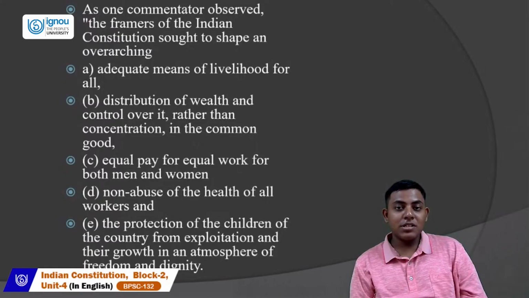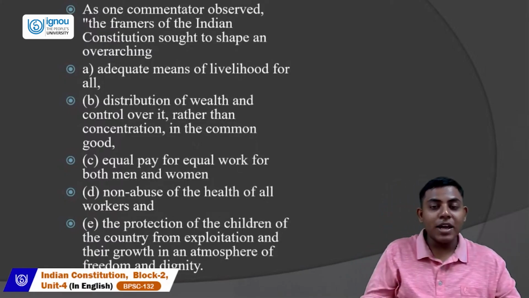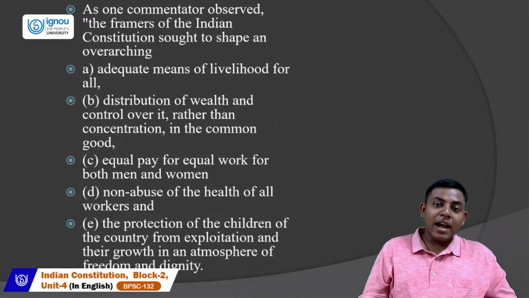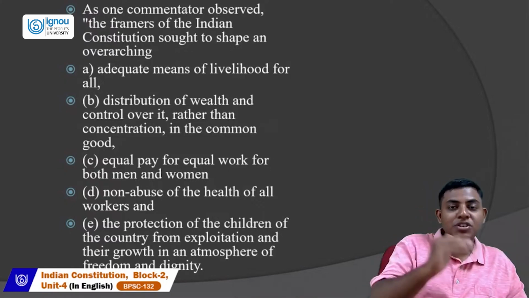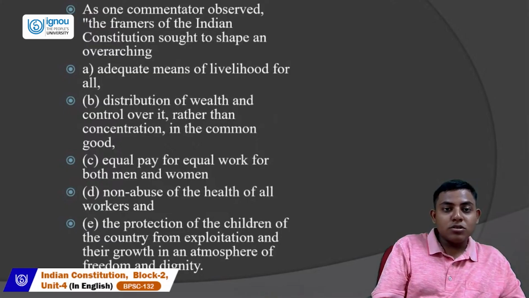Then we have Article 47, which says that the state has a responsibility to improve the health of the citizens and to raise the level and standards of nutrition, and also to prohibit the consumption of intoxicating substances except for medicinal purposes.